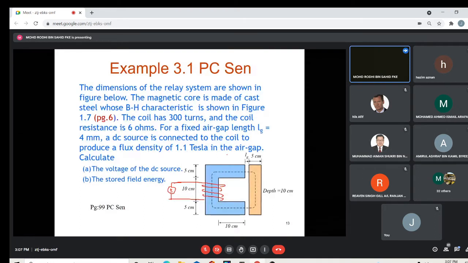So B here is 1.1 Tesla. Calculate the voltage of the DC source. So we have to find the voltage here.